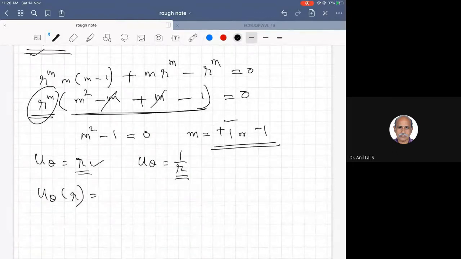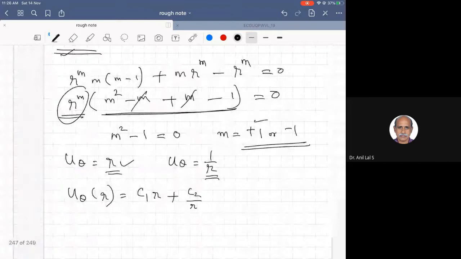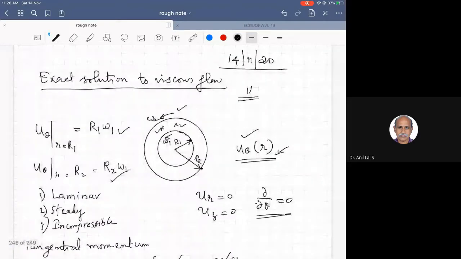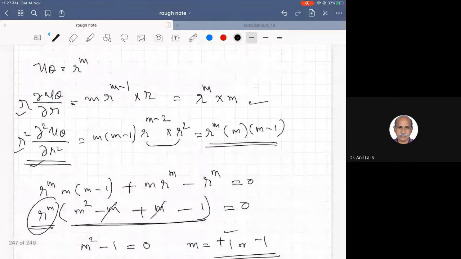Linear combination means a constant multiplied by r plus another constant multiplied by the other solution. So this is the general solution. Now that this is the general solution and we have the earlier boundary conditions, we can use these boundary conditions to solve for C1 and C2.